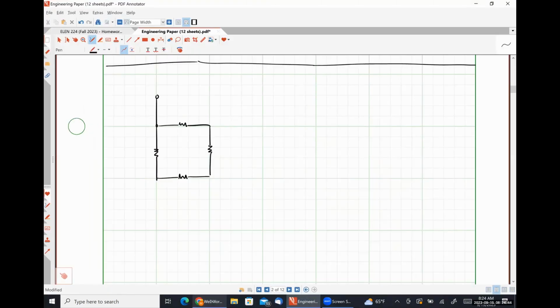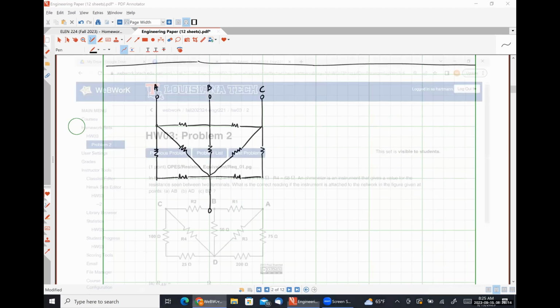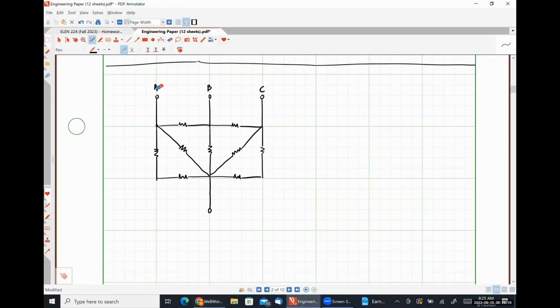Diagonals going across like that. So I believe this is terminal A, B, C. Nope, CBA. Not that it matters.